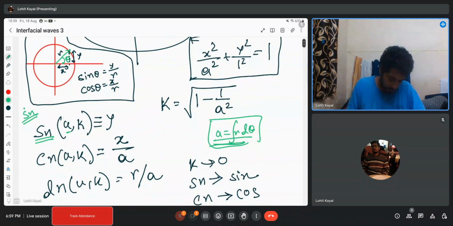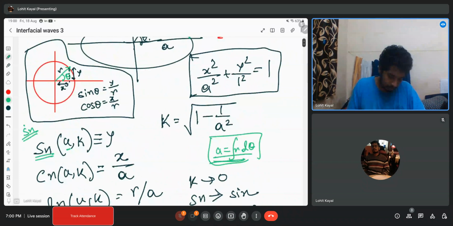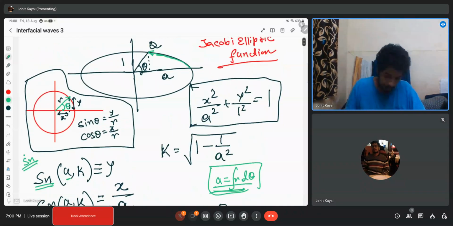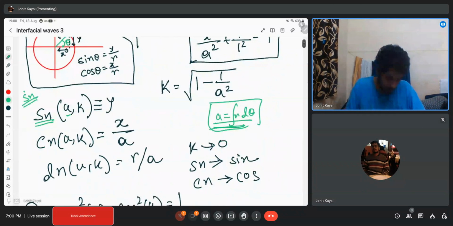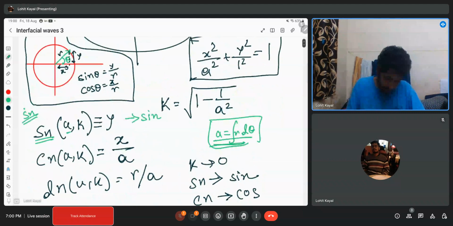Similar to y over r, it is Sn of u and k. Remember that it will be a function of both u and k, because the shape of the ellipse depends on the eccentricity. So Sn is a function of u and k. Sn is similar to sine, and similar to cosine there is Cn of u and k. Here this distance is x, this distance is y, and your Cn of u and k is x over a.